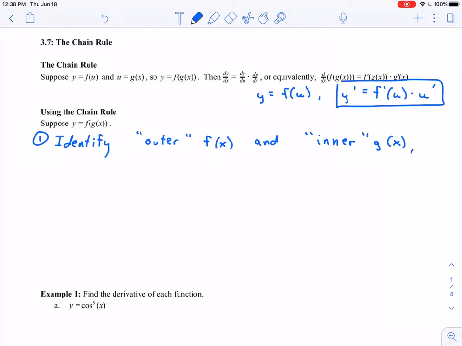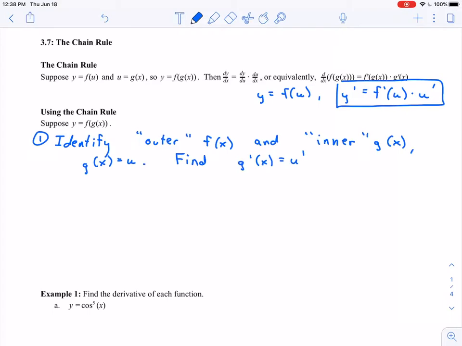G of x here in this case, I'm going to call that u for the purposes of our problem, so that we can use this notation that I think is really nice. The other thing I'm going to say we should do here is find g prime of x or u prime, just depending on your favorite notation. I would also suggest finding that as well.